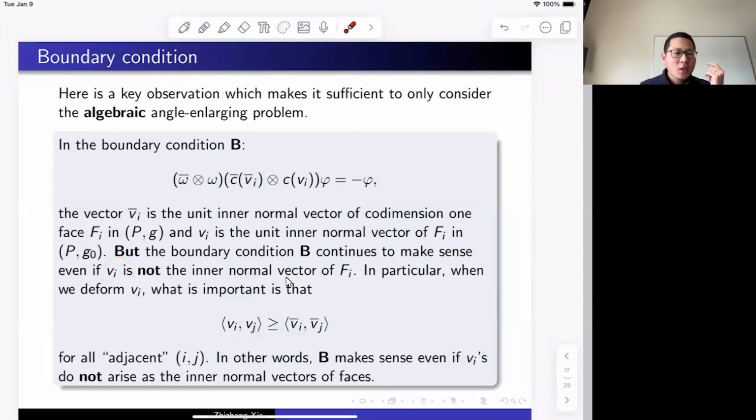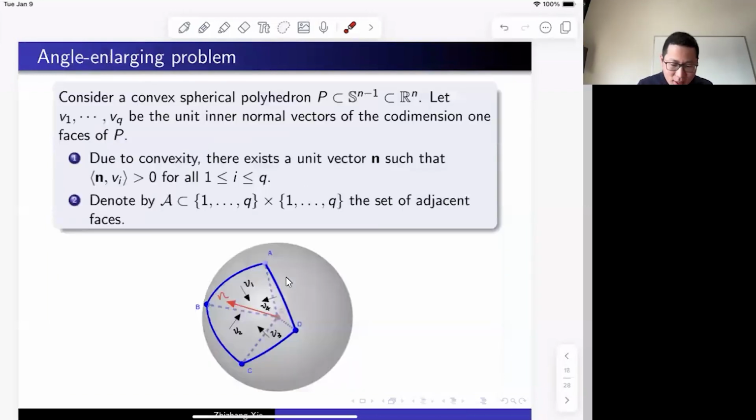Which means we're translating a geometric condition into a linear algebraic condition. So that's the key observation, that you go from geometry to an algebraic problem.